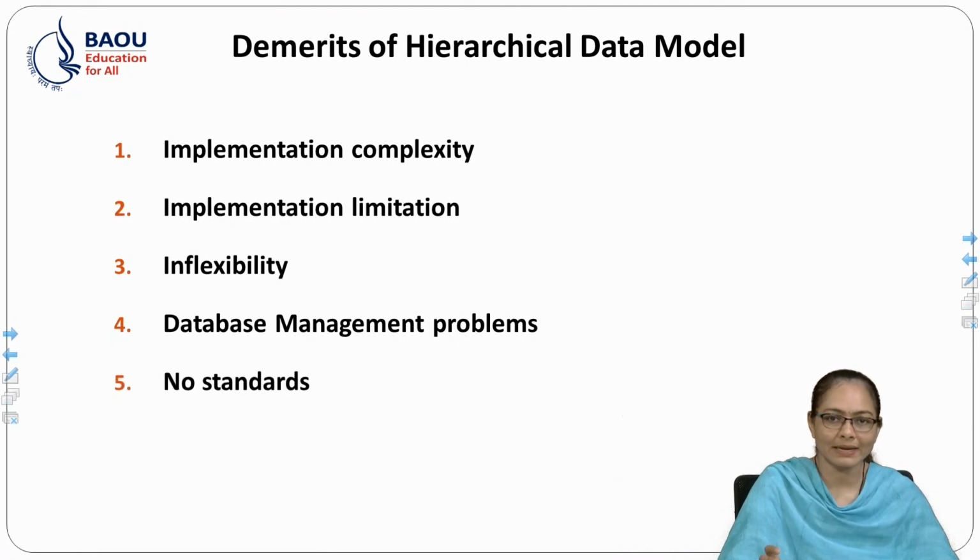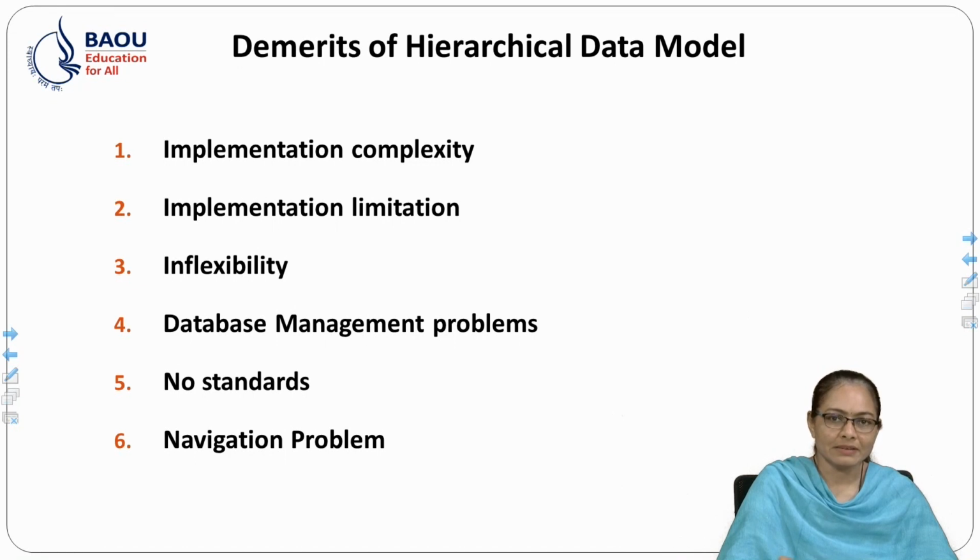There are no specific standards or rules for how to implement the models. The next is navigation problem, because in the hierarchical model the tree structure is used. So we use pointers. Pointers are used to connect the parent and child nodes and to traverse all the navigation between stored data.